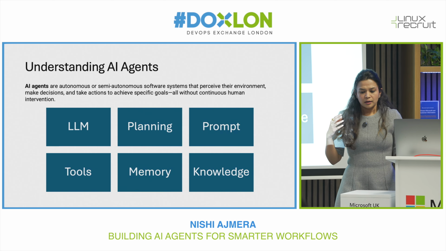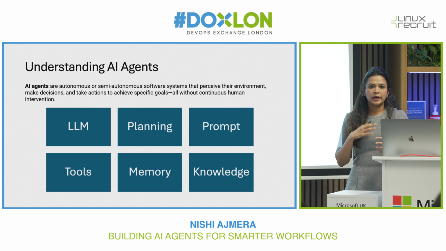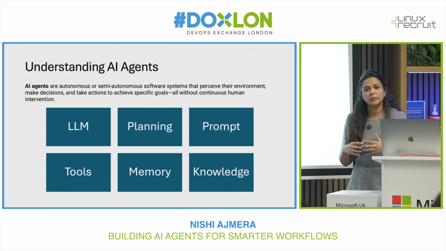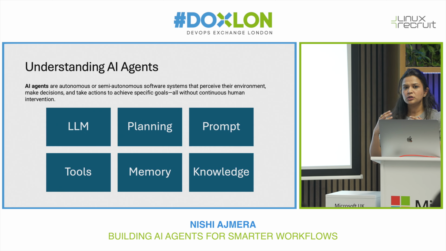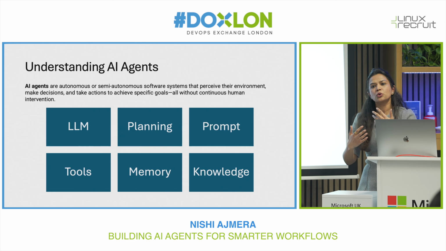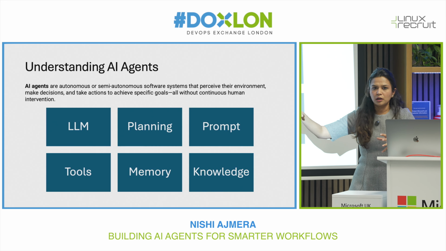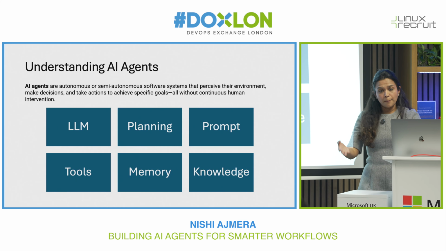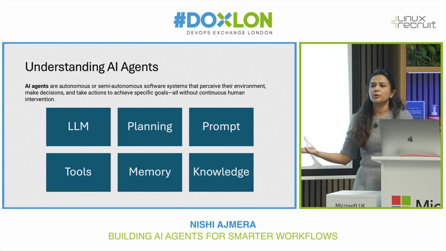And then there are clarifying questions like, okay, do you prefer window seat, aisle seat, what kind of flight booking do you want, economy, business class, all those things, right? So there's a conversation going on with the agent, and then you're telling your preferences to the agent. All of that is happening in one particular chat session, and that is your short-term memory. Now you can save these preferences into a database. That would be a long-term memory. So next time when you come back to this agent, the agent knows your preferences.